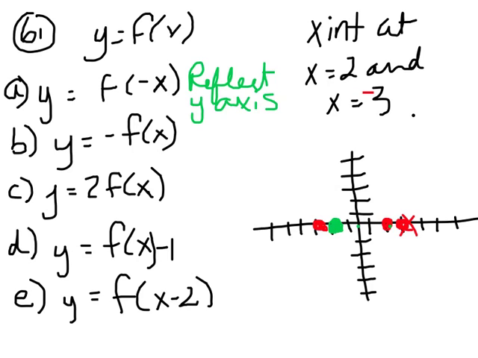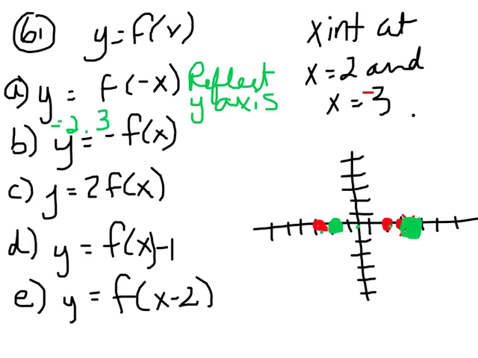And our other x-intercept was negative 3. If I reflect it in the y-axis, I would go 1, 2, 3. That one that I put an X on would end up being my new intercept for this A part. So my x-intercepts on A would be negative 2 and positive 3.